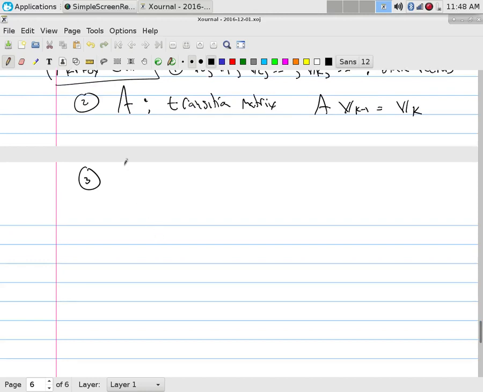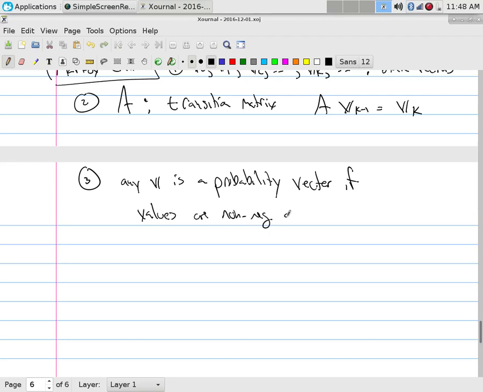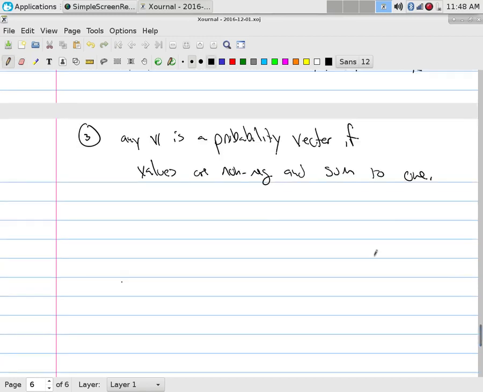We are going to say that any vector is a probability vector if its values are non-negative and sum to 1. So, for example, V could be equal to: I got a 1% chance, I got a 90% chance, and I got a 9% chance.